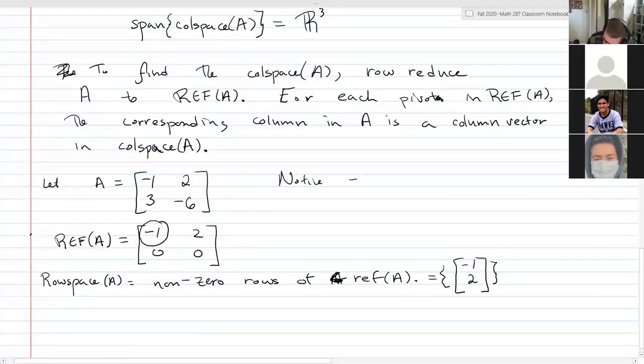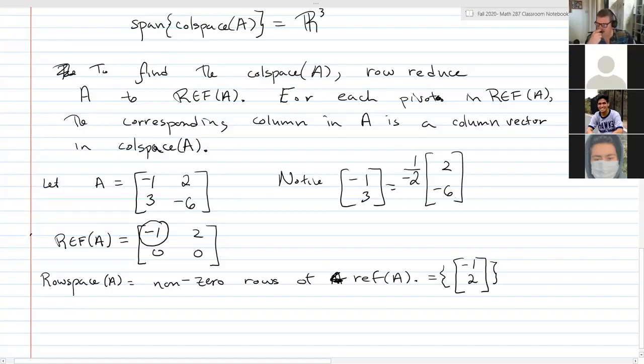Notice (-1, 3) equals, right? -1/2, excuse me, times (2, -6). So they're scalar multiples of each other. So this is a linearly dependent set. And so the vector (2, -6) is redundant, right? Because it's basically (-1, 3), okay, just written differently.